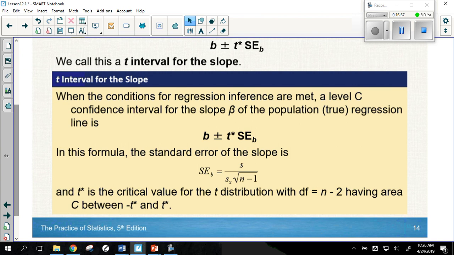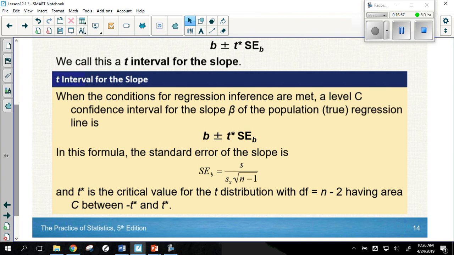If 0 is located in the interval, then you're going to conclude that that least squares regression line is maybe not a good representation, or that there's not actually a relationship between our explanatory and response.